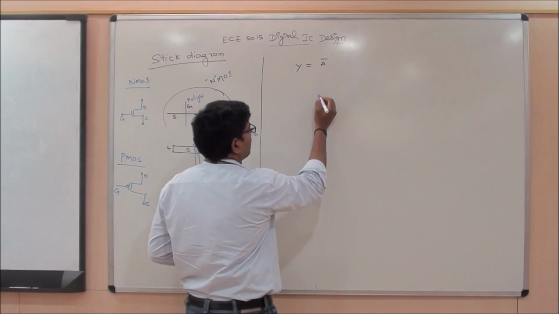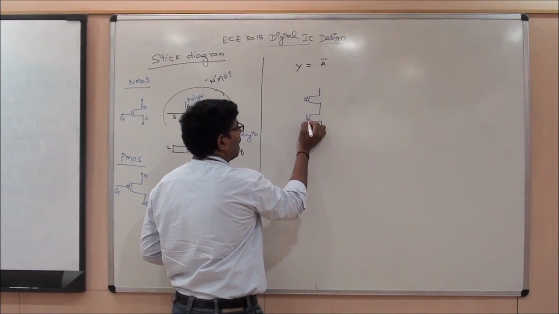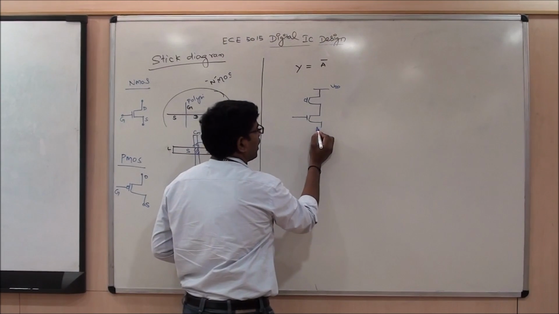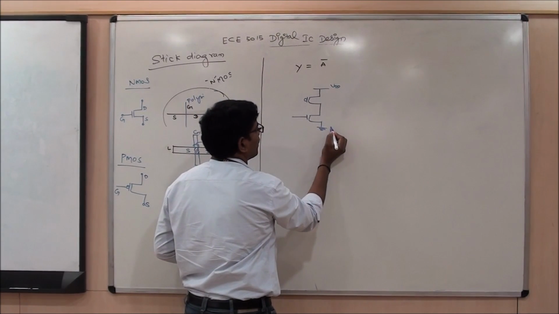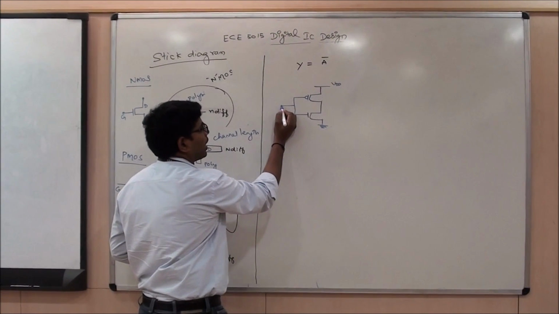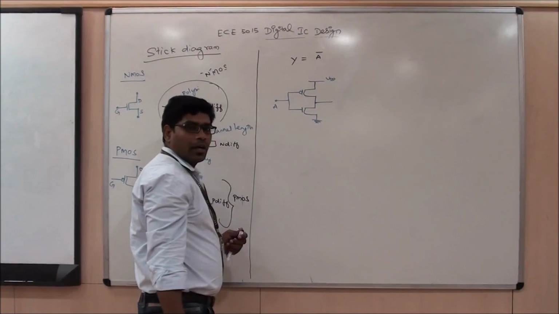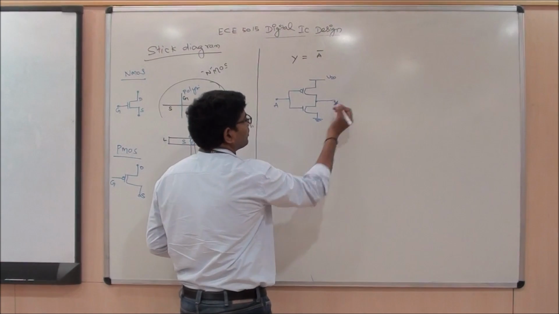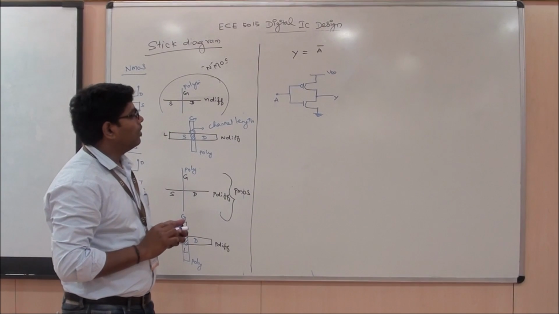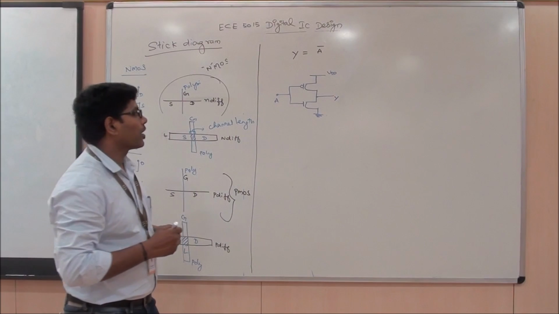The CMOS implementation is: you have a PMOS at the top and an NMOS at the bottom, the top is connected to VDD, and the bottom is connected to ground. Both gates are connected together and taken as my input A. The drains are connected and taken as my output Y. This is a simple schematic CMOS structure for the function Y equal to A bar.